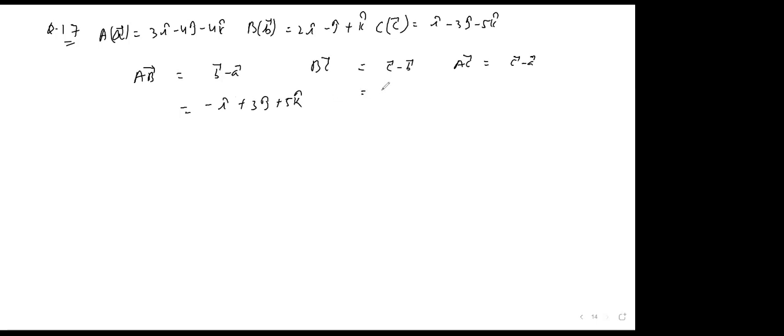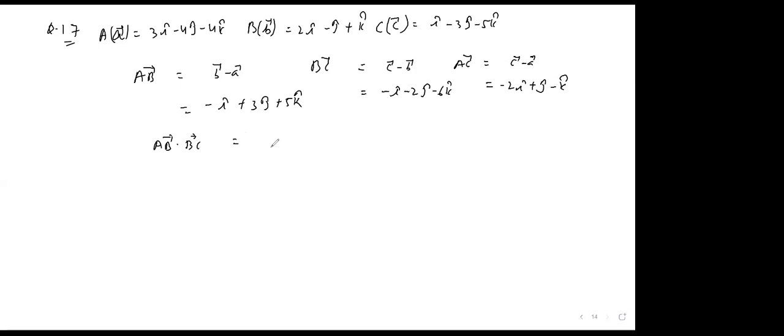And BC vector will be 1 minus 2, minus i cap, minus 3 plus 1, minus 2j cap, and minus 5 minus 1, minus 6k cap. C minus A: 1 minus 3, minus 2i cap, plus j cap, minus k cap.